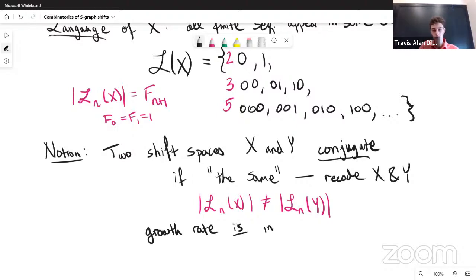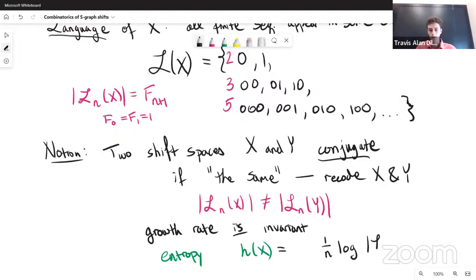This is called the entropy, and it's h of x for the shift space x. First we do a little bit of manipulation of the size of the allowable words. There's a certain number of words of length n.